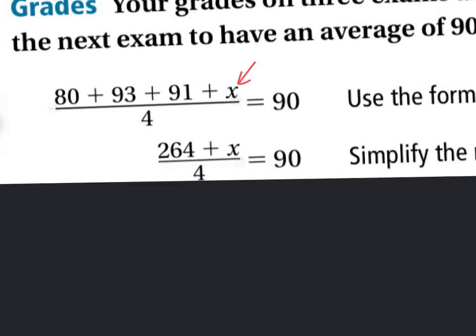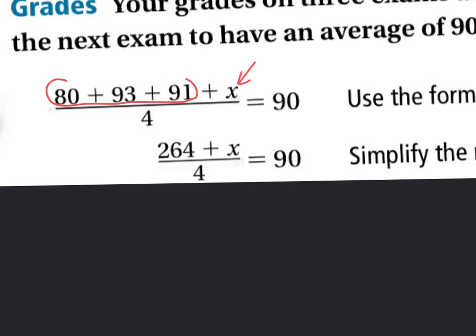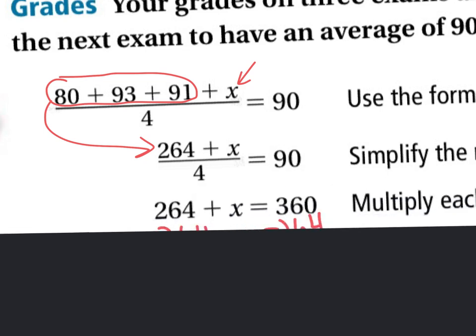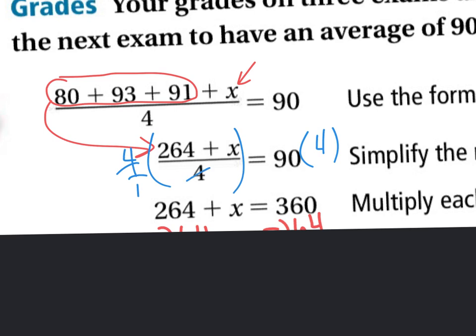So what they did in the book, they went ahead and added the 80, the 93, and the 91 together. They got 264. And then they multiplied. They didn't really show doing this, but here they multiplied by 4 on both sides to get rid of that fraction. So 264 plus x equals 360.